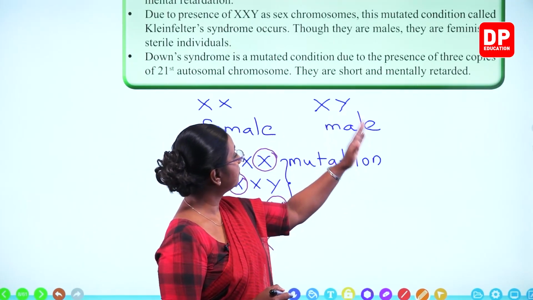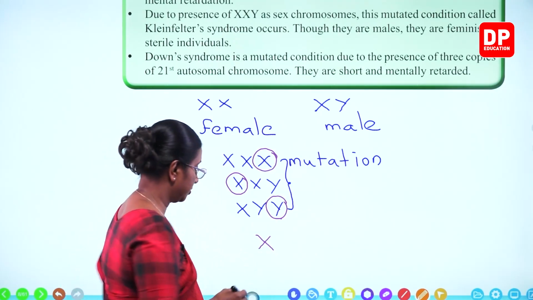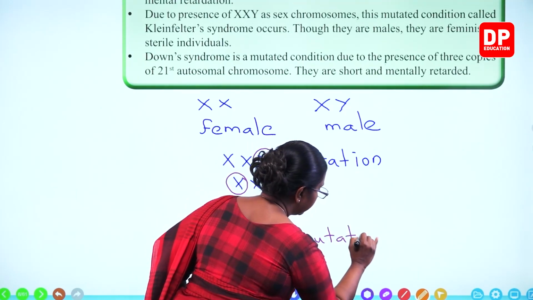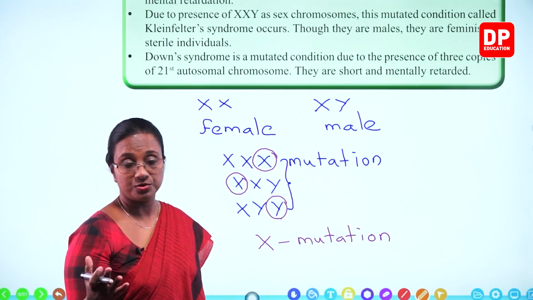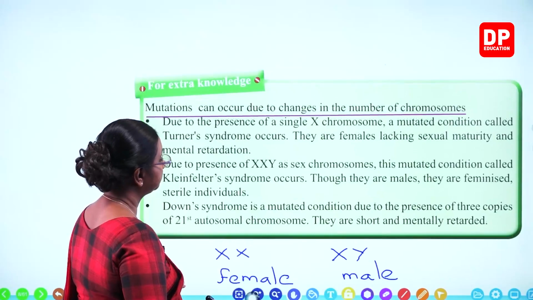From XY also, if Y is not there and only X is there, that is also a mutation. So this is another mutation. There can be more chromosomes or there can be fewer chromosomes. Both are possible.